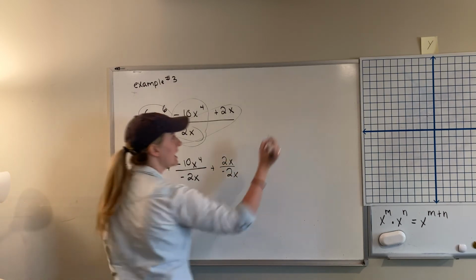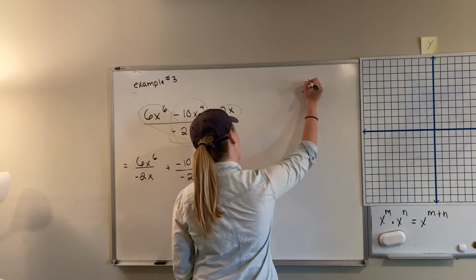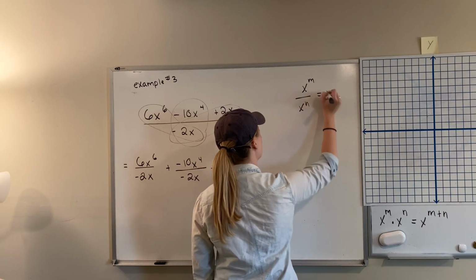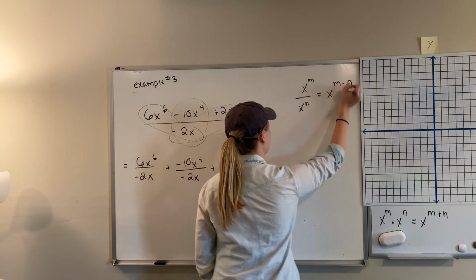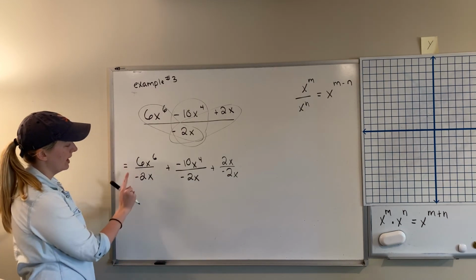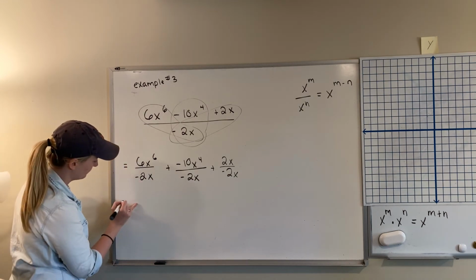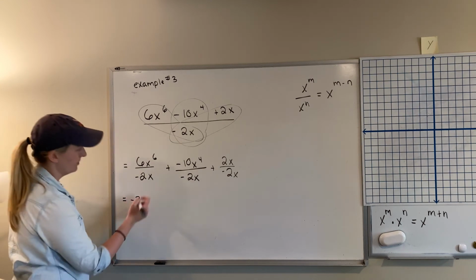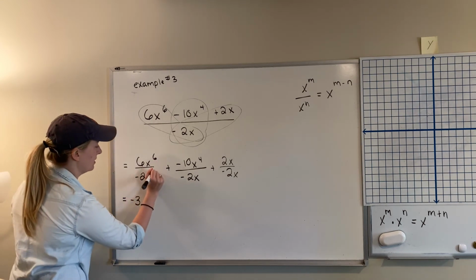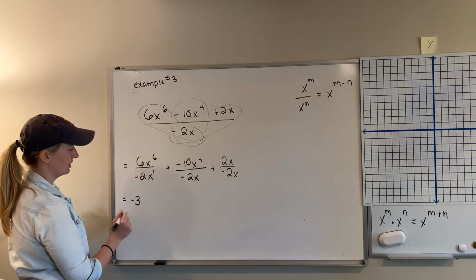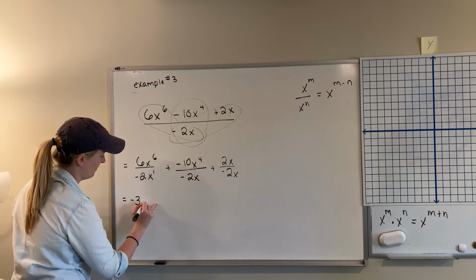And again, remember what I said: x to the m divided by x to the n is equal to x to the m minus n. So we have to subtract our exponents. But start with your coefficients and divide them out. So 6 divided by negative 2 is going to be negative 3. X to the 6th divided by x, remember your hidden 1. So x to the 6th minus x to the 1st, 6 minus 1 is going to be 5.